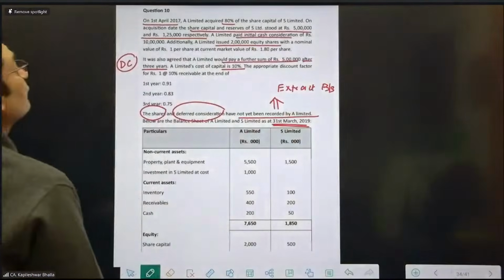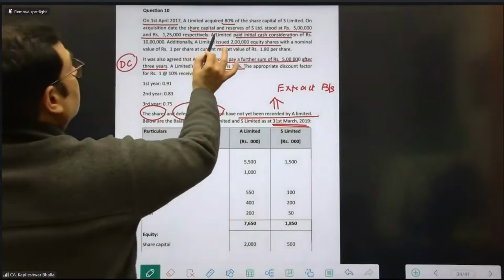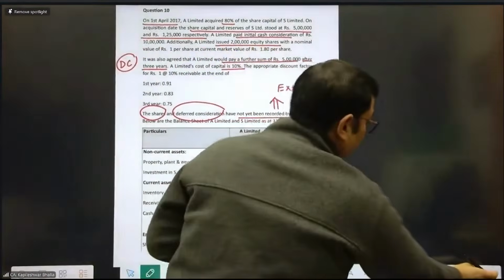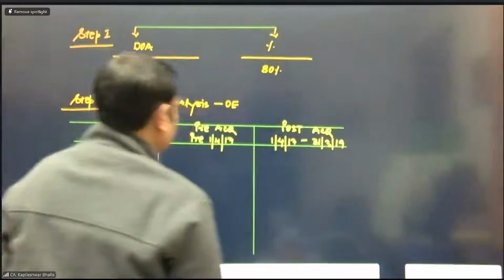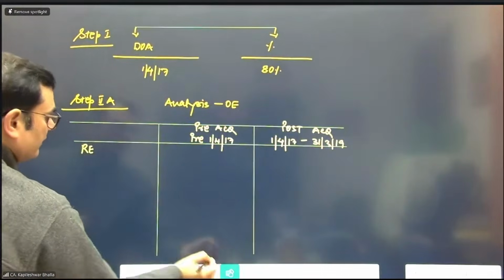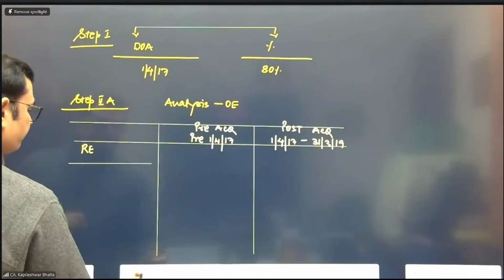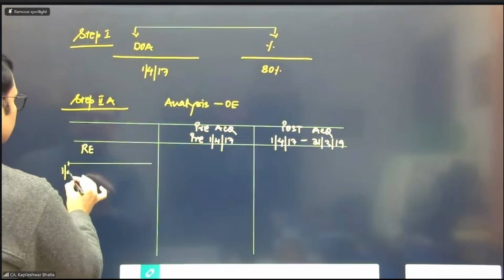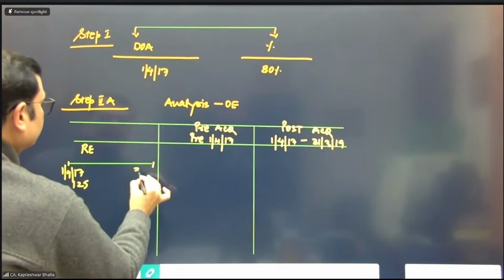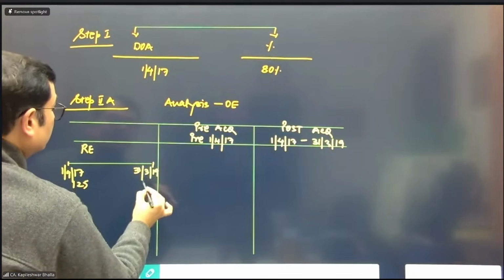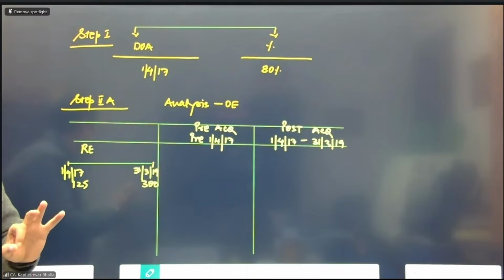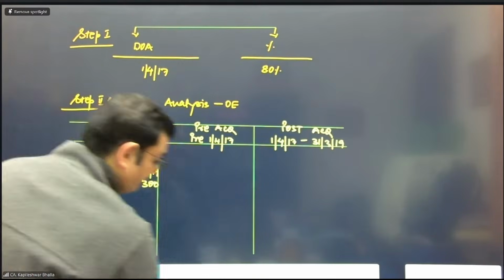And I think if you go to the first para, it says the reserves at the acquisition date was 125. So let's make a timeline. We're looking at the retained earnings. Let's consider a timeline. So retained earnings on 1st April 17 is 125, and the retained earnings on March 19 is 300. So would you like to define what is pre and what is post acquisition in nature?